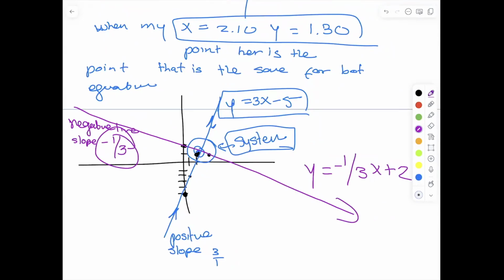Now, the next topic is area. So let's talk about area.